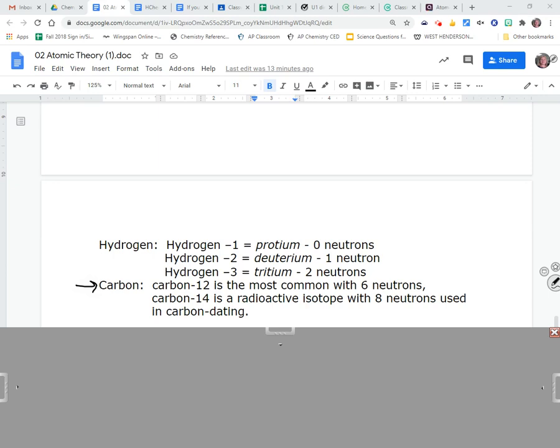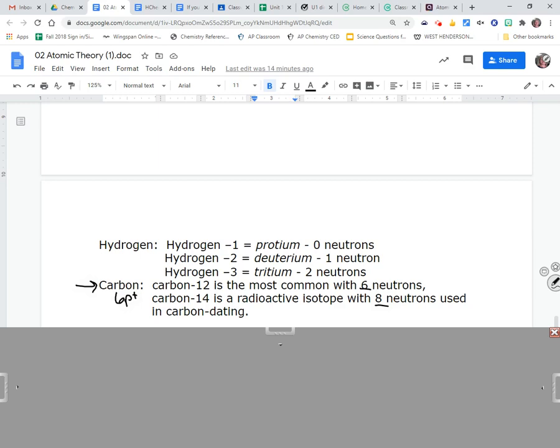Carbon has 6 protons, and so carbon-12 has 6 neutrons. This is a stable form of the element. Carbon-14 has 6 protons, but it has 8 neutrons. And so that causes its nucleus to be unstable. And that is what causes it to be radioactive, and we can use it in carbon dating.